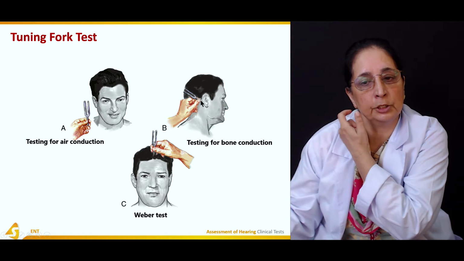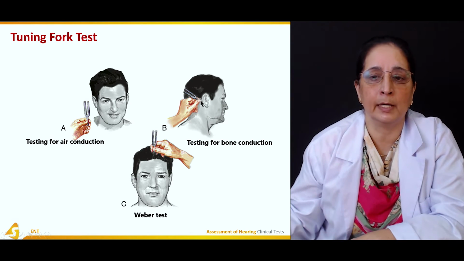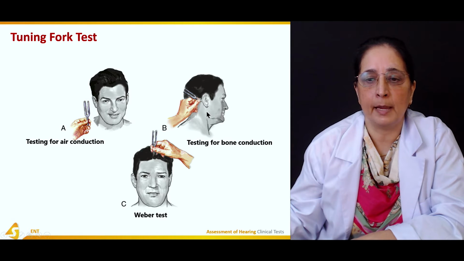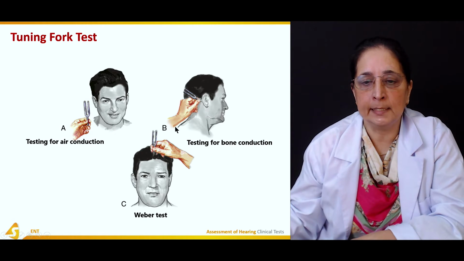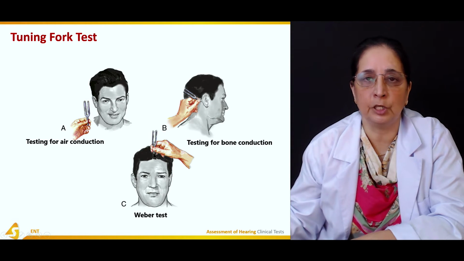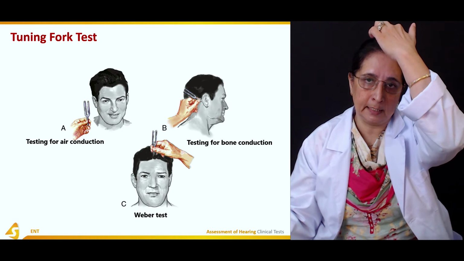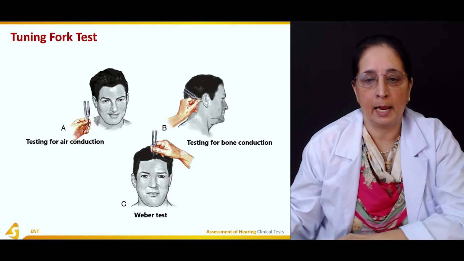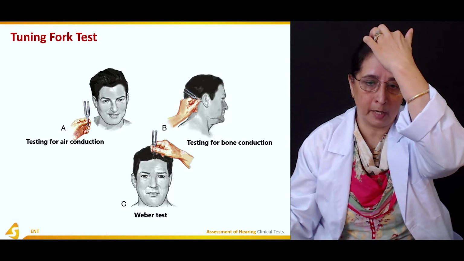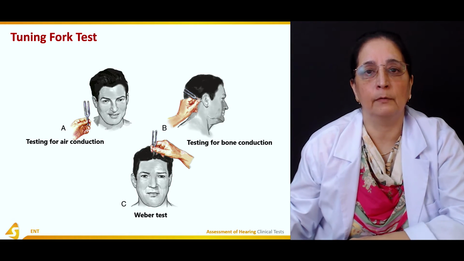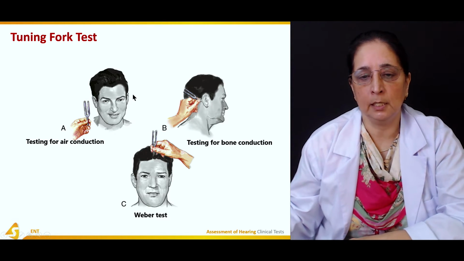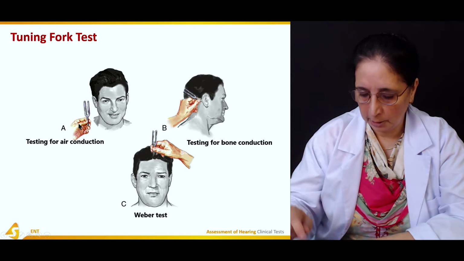For bone conduction, the vibrating tuning fork is placed on the mastoid process. And this is the Weber test. The tuning fork is placed on the hair of the head or above the forehead, in the middle of the forehead. So these are the three positions for the tuning fork.